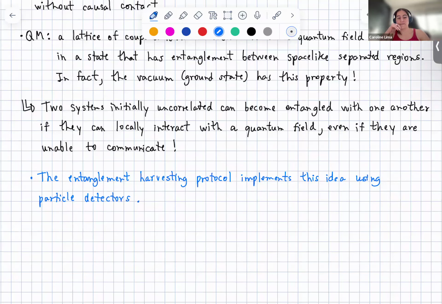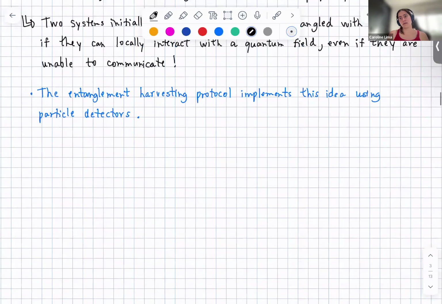So that is the idea. Okay. So let's look into this protocol, unless you guys have questions now.